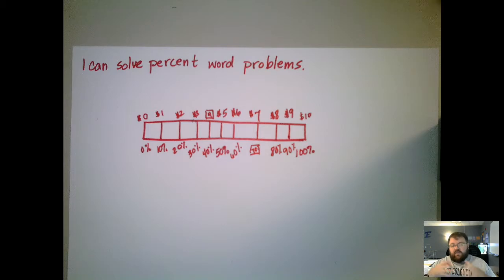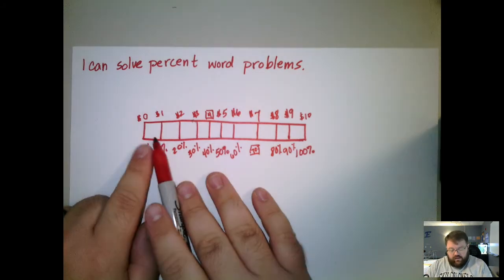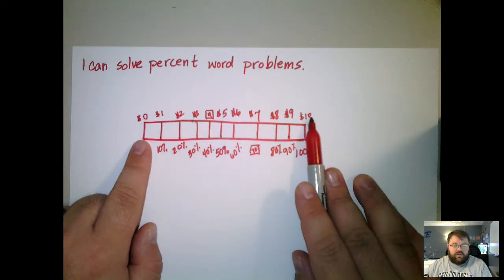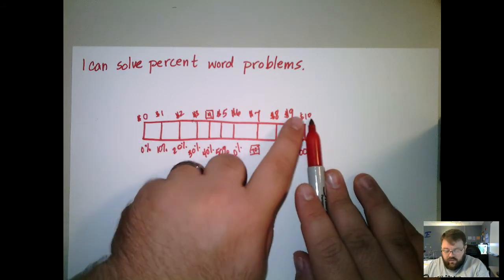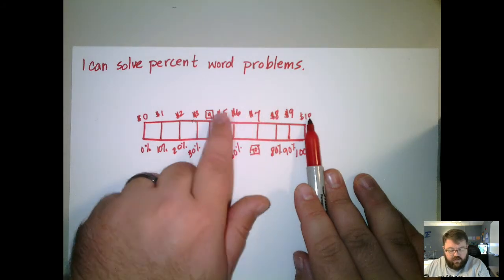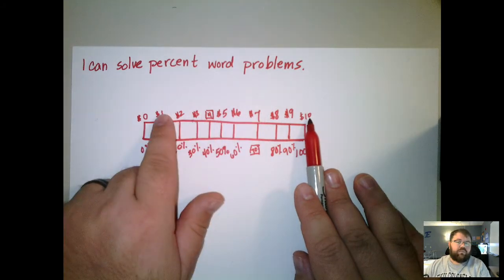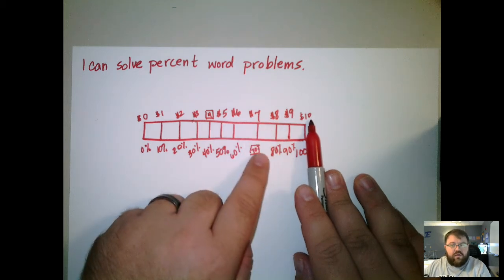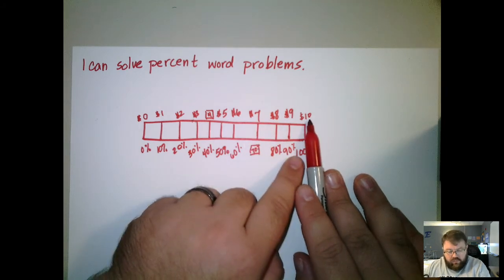Now, the purpose of this conversation, again, the whole amount is $10. These are all parts of the whole, and these all are percentages of the whole.